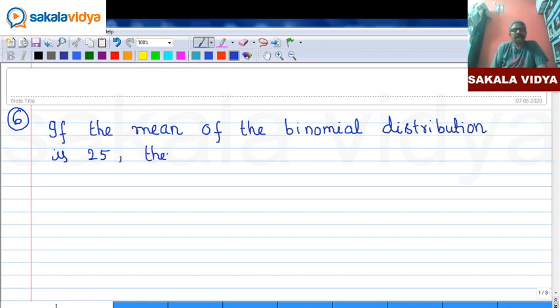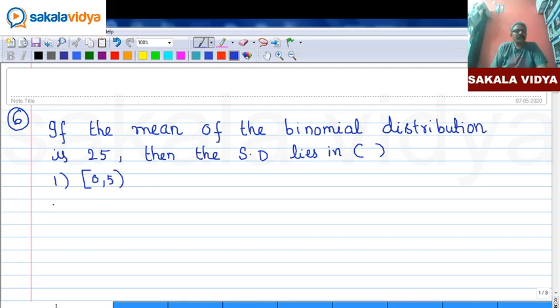So then the standard deviation lies in, first option closed 0 comma 5 open.